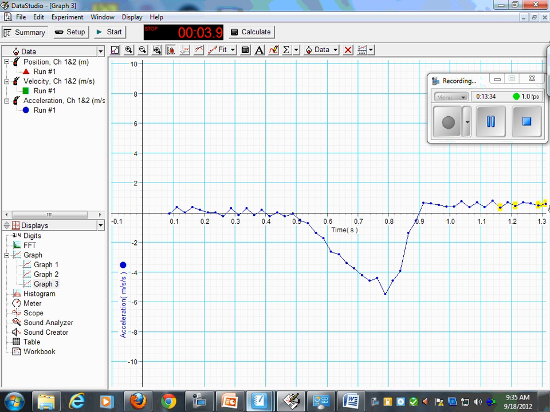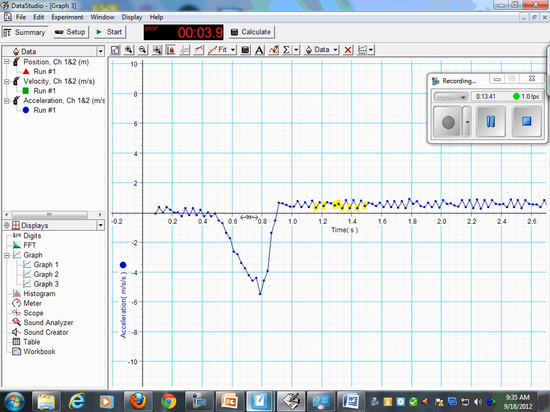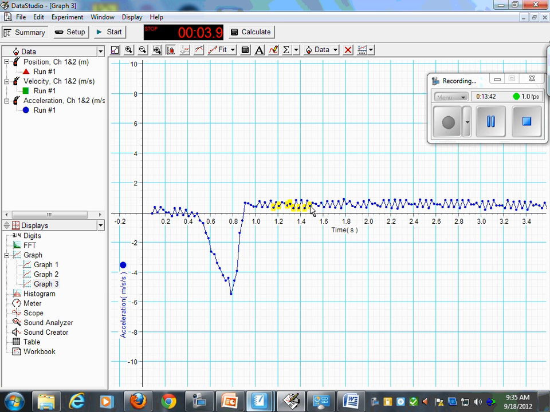What's happening for the first half a second? Nothing. Then what's happening here? He's pushing, and then once he lets go, whoops, what's happening to the acceleration? Positive and flat. What's going on? Is the acceleration positive? The velocity is up the ramp, negatively.